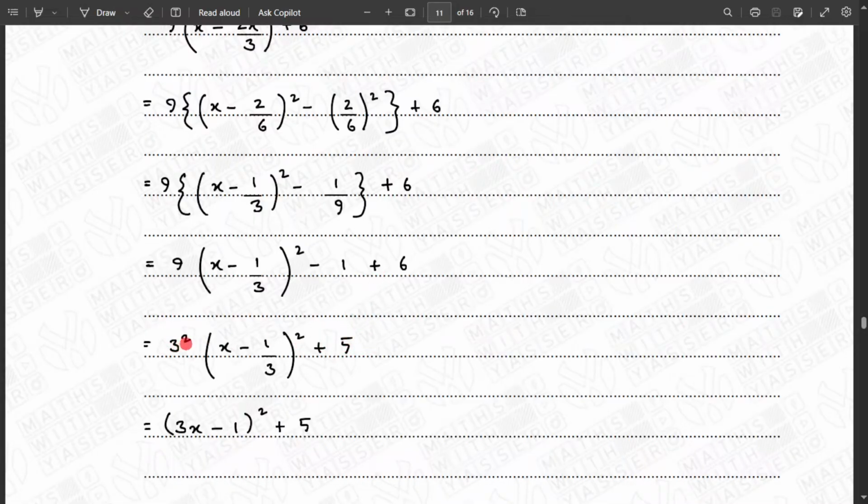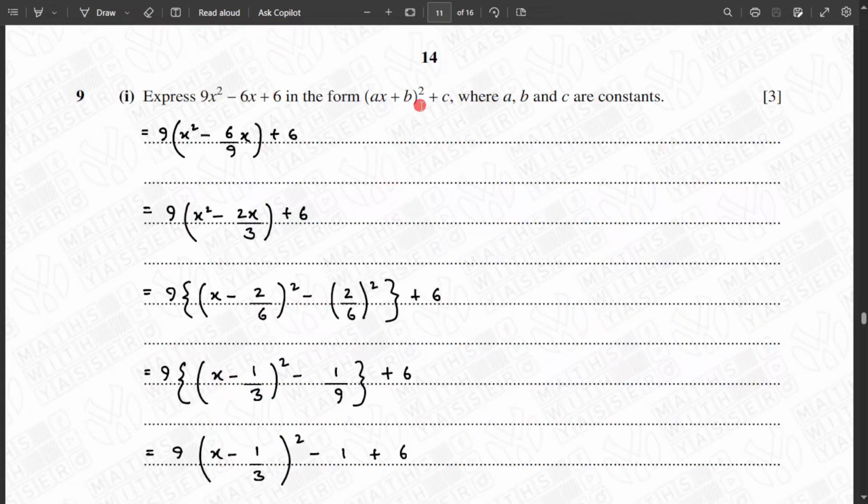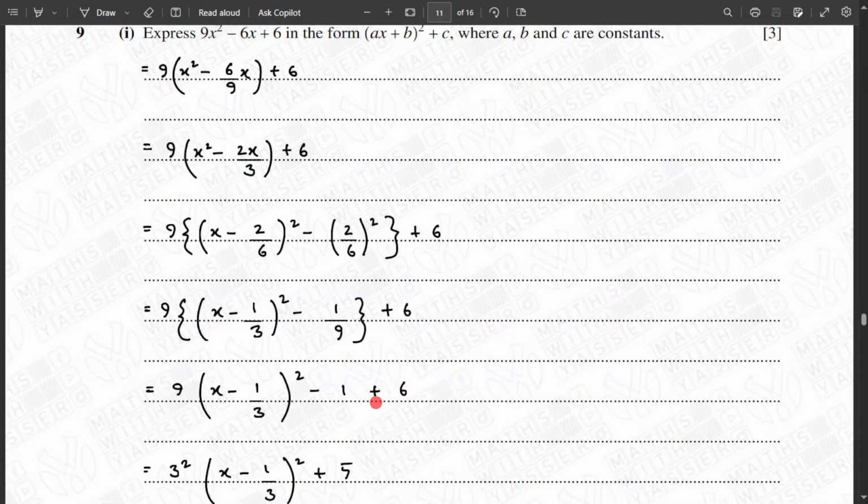The reason why I have squared this is so that I can multiply 3 with all the elements inside, because these two have the same power. So this will become (3x minus 3 times 1/3, which is just 1), bracket closed, whole square plus 5. So we have just expressed the equation in the form of (ax plus b) whole square plus c.